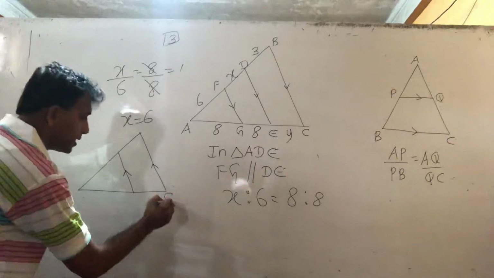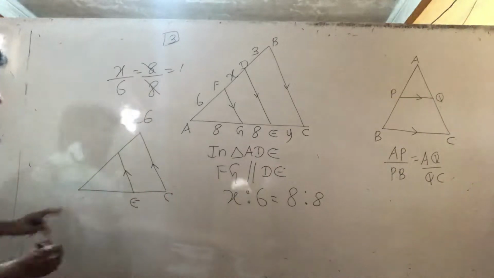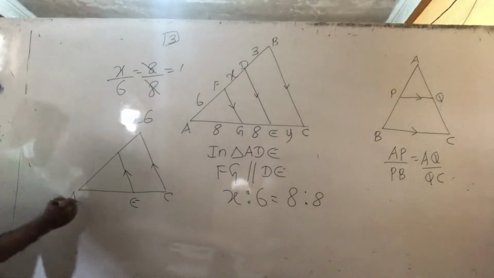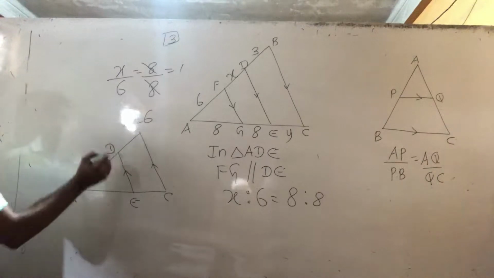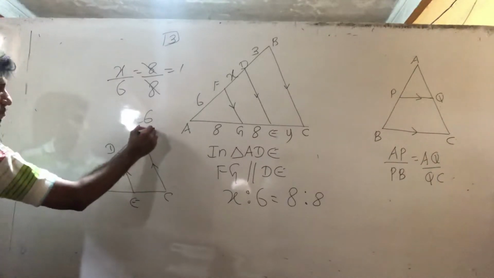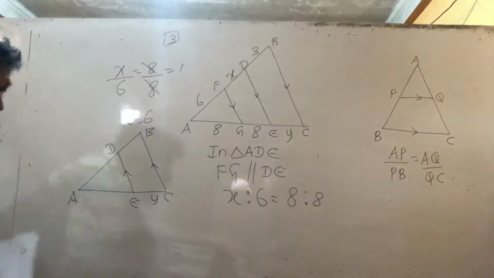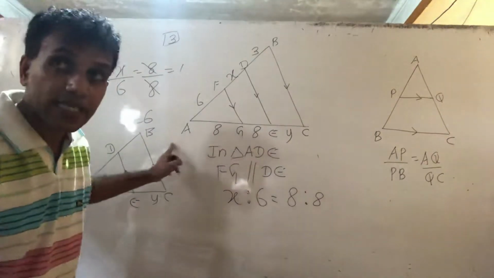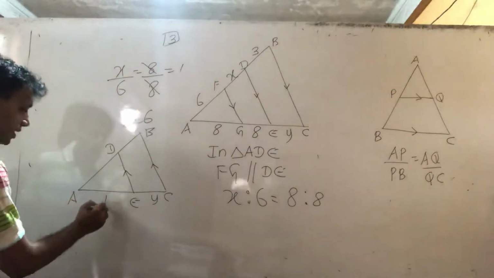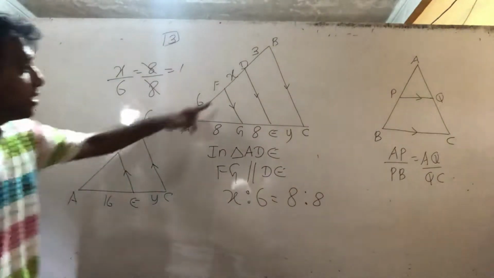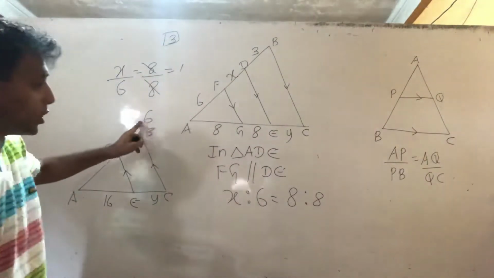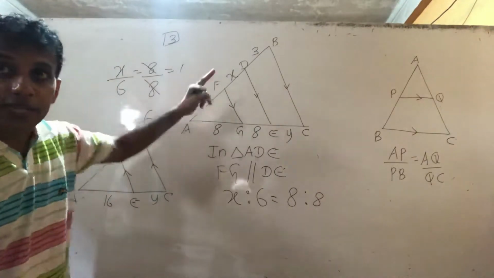Here C, here E, this is A, this is D, here B. This is what I call y. What is AE? 16. What is AD? You know the x value, so AD is 6 plus 6, which is 12. Finally DB is 3.